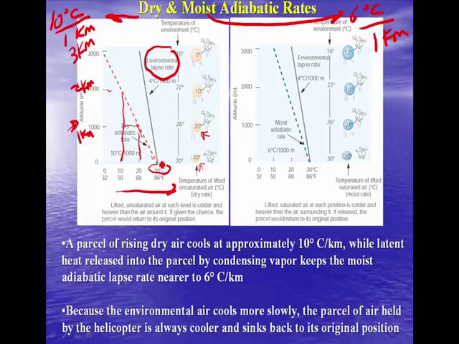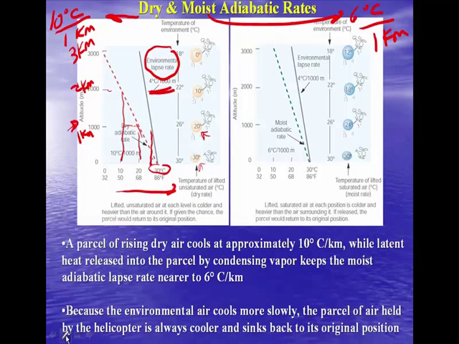Notice that if we go from the surface, 30 degrees Celsius of the atmosphere, we go up to 1 kilometer, the temperature is about 26 degrees Celsius. So the temperature of the atmosphere is changing 4 degrees Celsius per 1,000 meters or 1 kilometer.